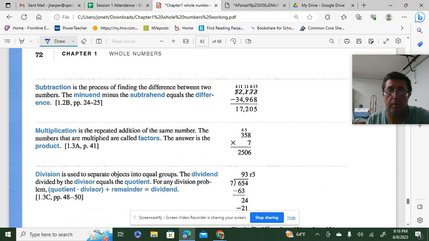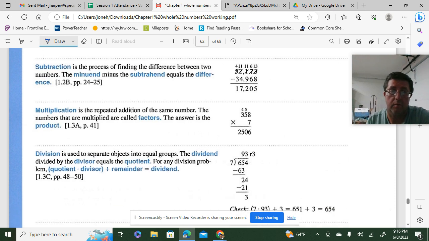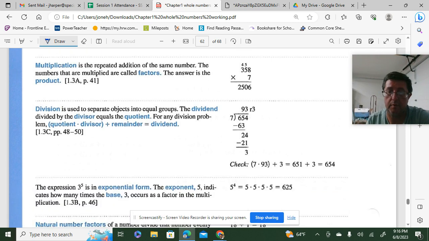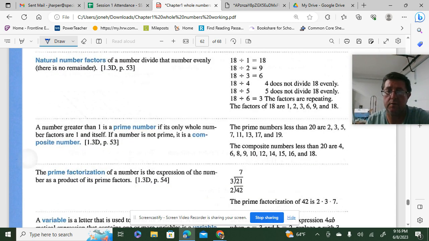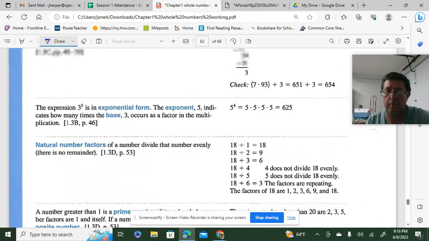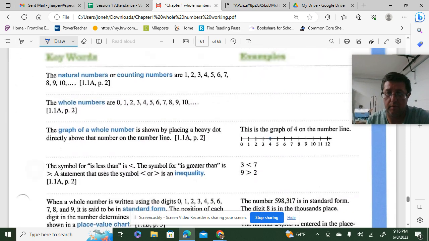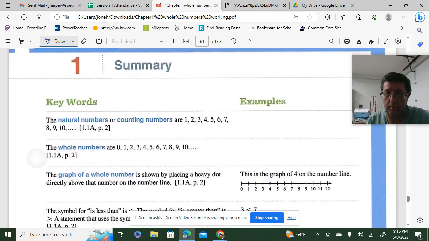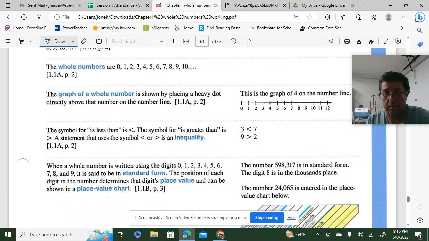Okay, so now we're doing the subtraction and multiplication. Again, this is the chapter summary. Actually, this is just a chapter summary. I thought it was a whole work that you had to do. So this is just a summary over what we just did.